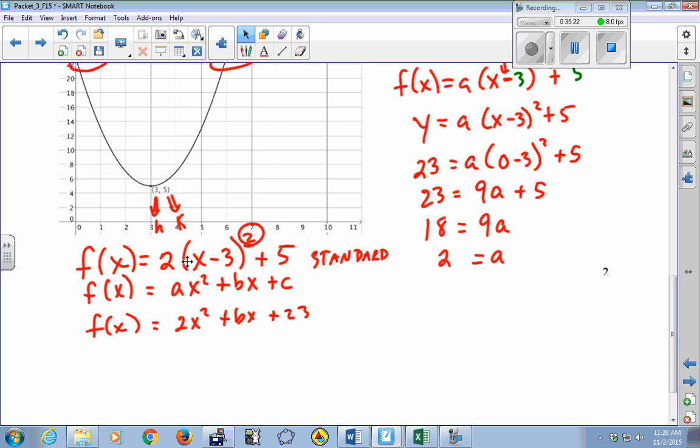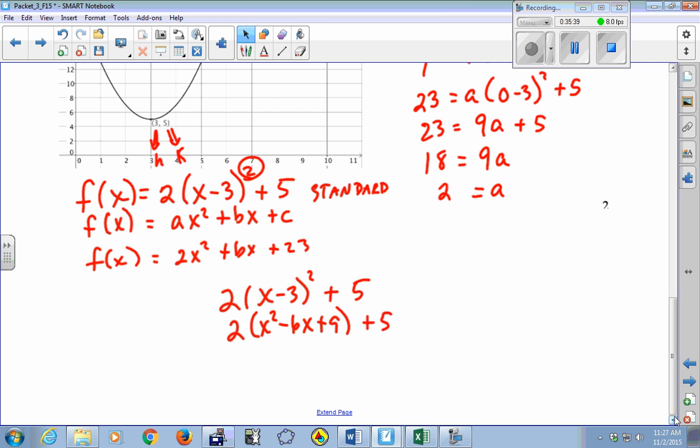So in order to go from your standard form to your polynomial, you have to square your binomial, the quantity x minus 3. So it's going to look like this, x squared minus 6x plus 9. You have to double every single term, so you get 2x squared minus 12x plus 18.